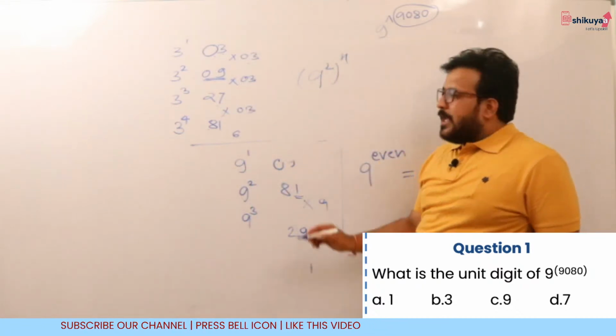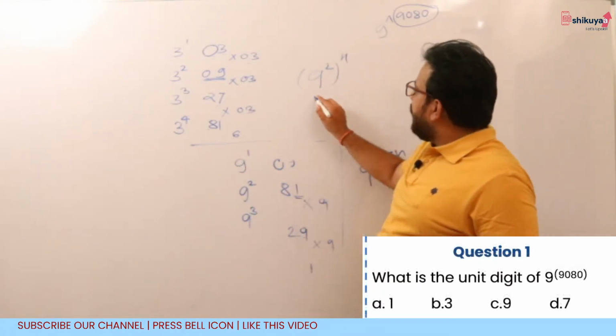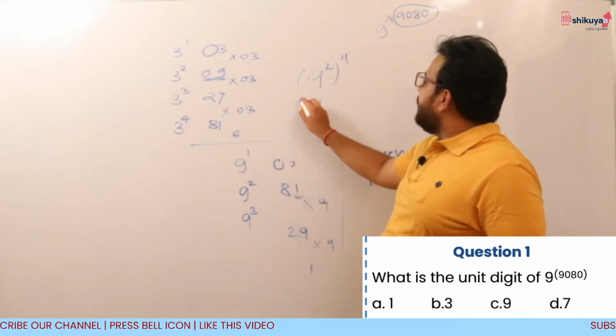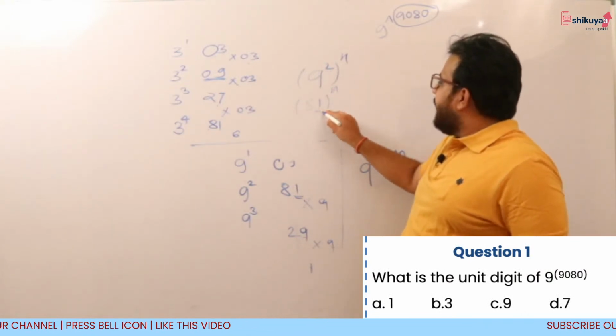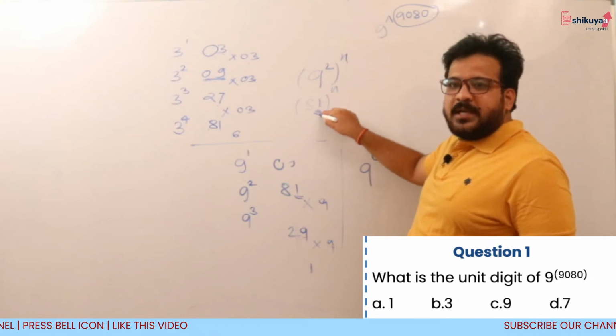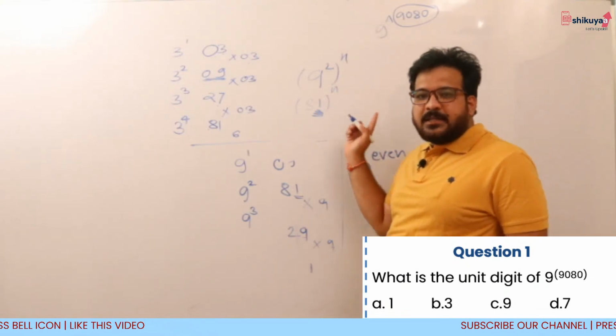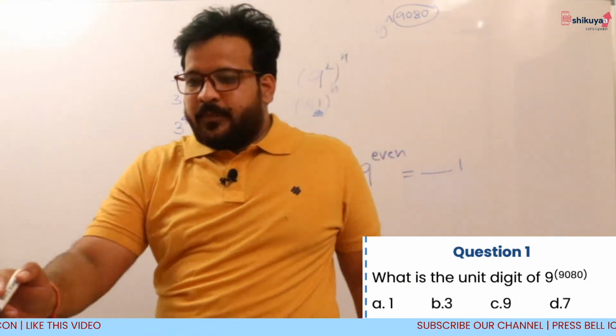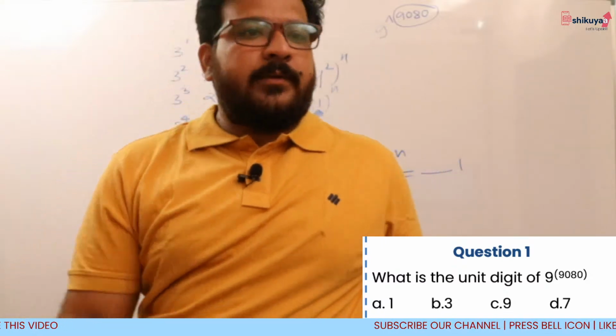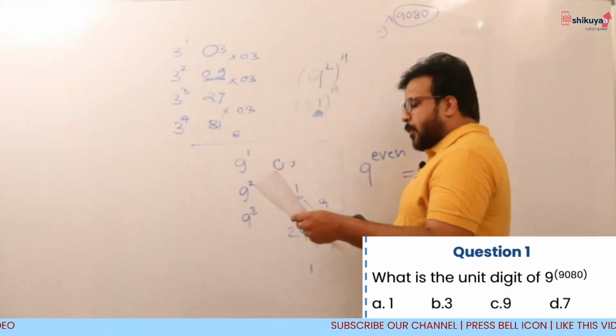Correct? So as 9 raised to 2 always ends in 81, there is 81 raised to n. Now any power of 1 is always ending in 1. So the answer is 1. Let's go ahead with the next problem.